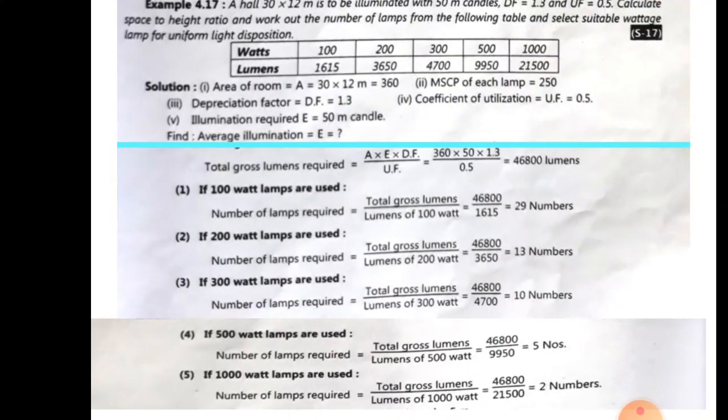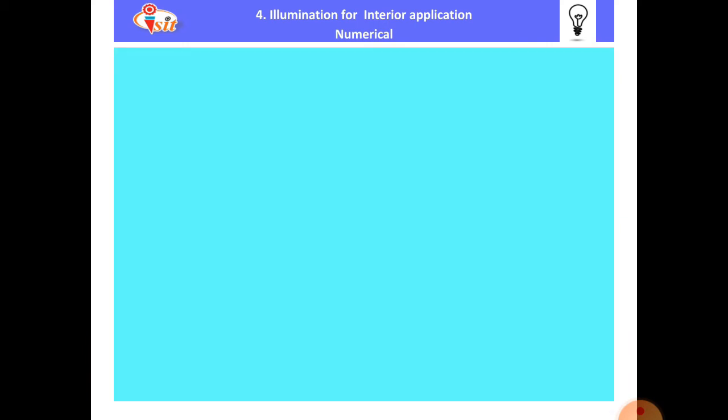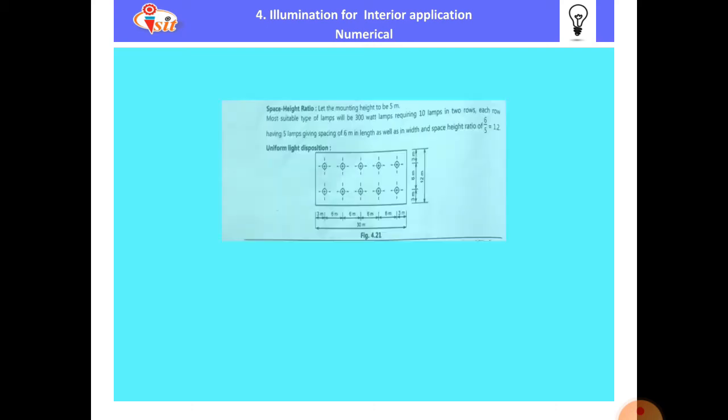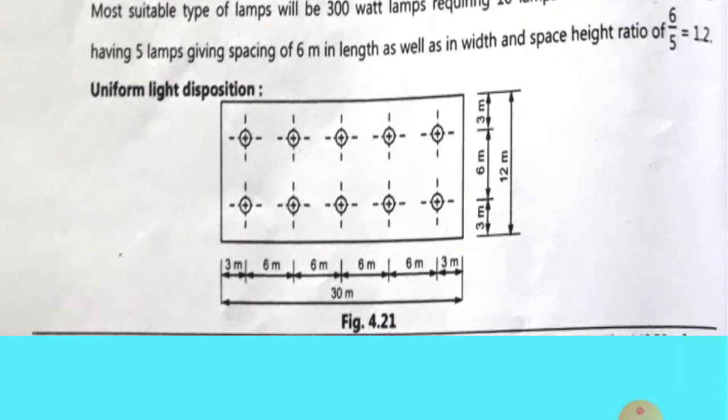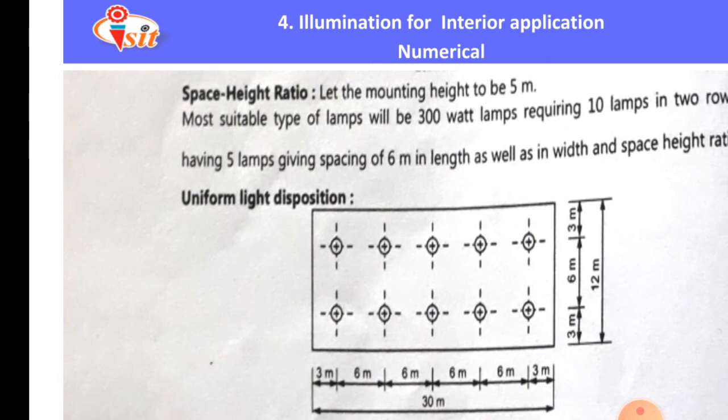Now we have to find out the space to height ratio. Suppose we consider the height of the lamp from the workbench is 5 meter.